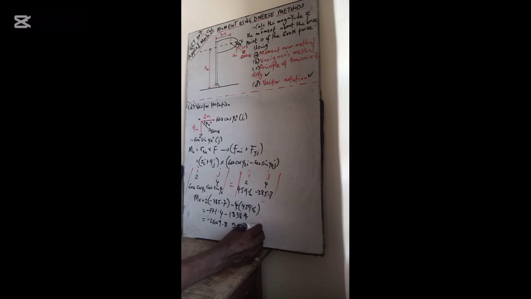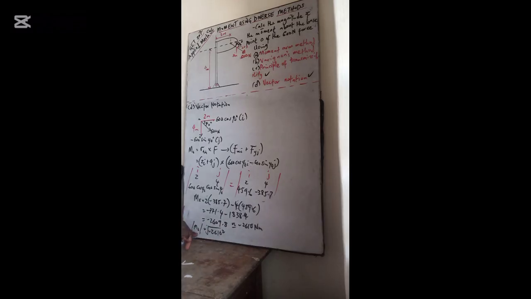But note that this is just the moment. We are asked to calculate the magnitude of the moment. So when you are calculating the magnitude, what are we doing? The magnitude of this will be the square root of this, then the square root of 2610 squared.